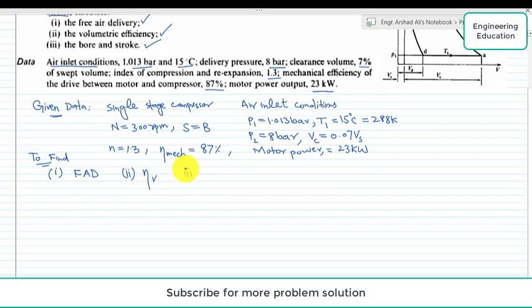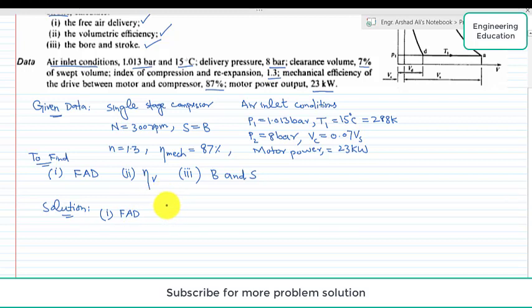Third, we have to find the bore and stroke of the cylinder. So let's start to solve part number 1, to calculate the free air delivery.